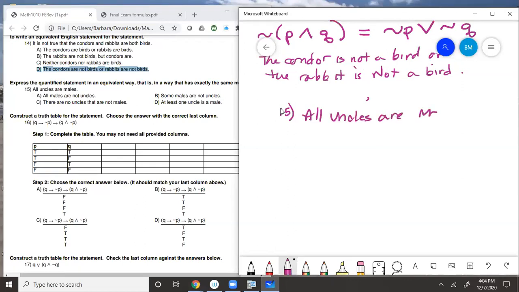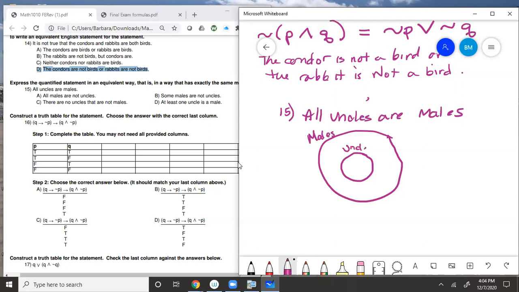What I would do is just draw a Venn diagram. So here are the uncles, and they're all male, so they're in a group that's all males. There are some people that are males that are not uncles. We could have grandpas in here and dads and sons. So uncles is just one part of this.